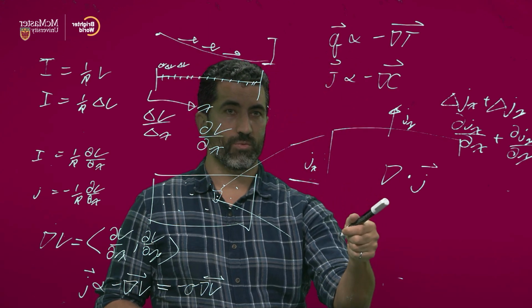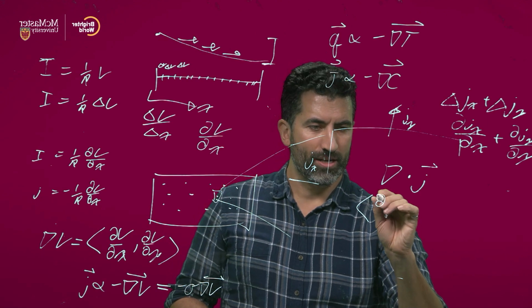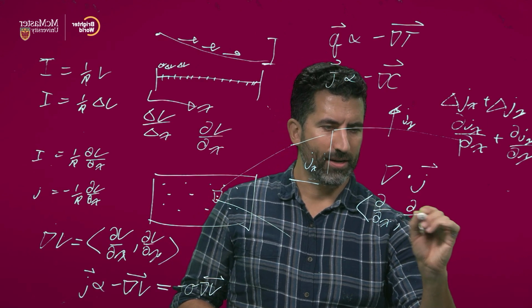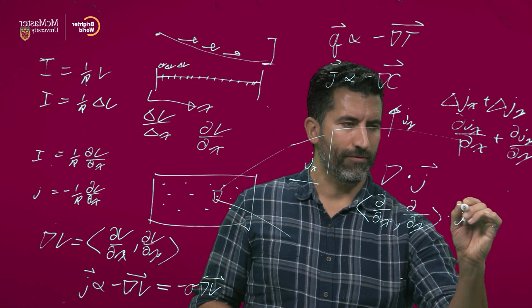What this is, and the reason why we write it like this, is because this turns out to be d by dx, d by dy, times our J field.